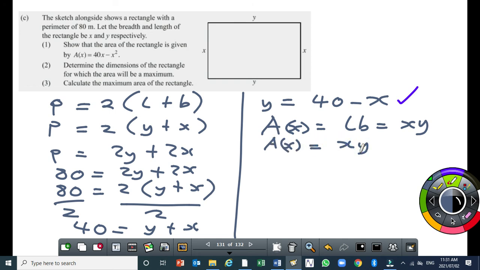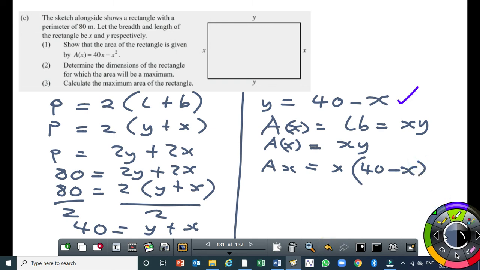But what is y equal to in terms of x? So I can write this as A(x) equal to x times 40 minus x. Are you following that? I'm replacing y by an expression in terms of x.